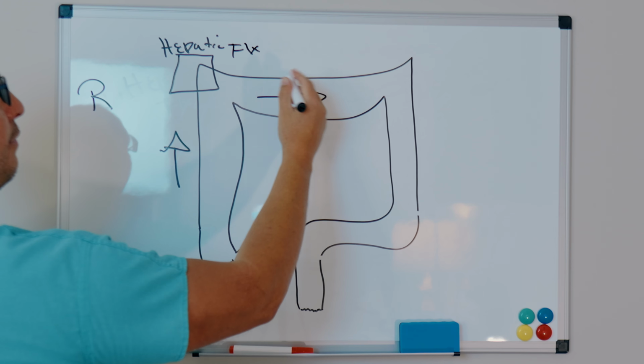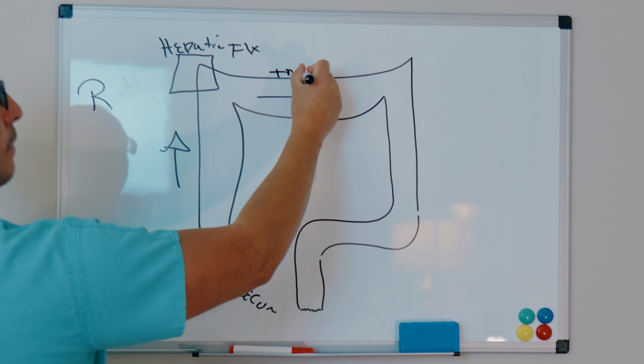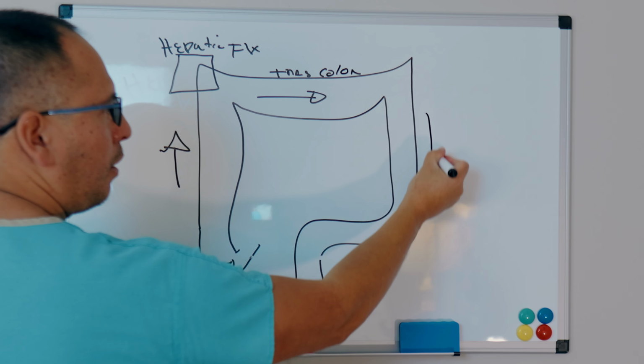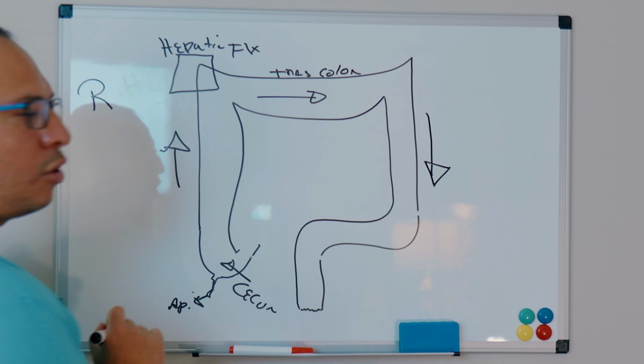Right here, we have the transverse colon. Right here, we have the descending colon. Right around here, we have the splenic flexure.